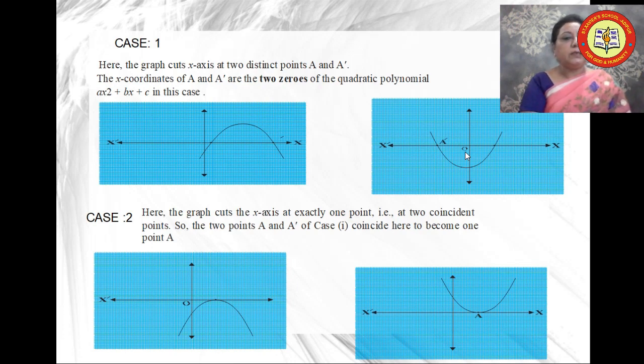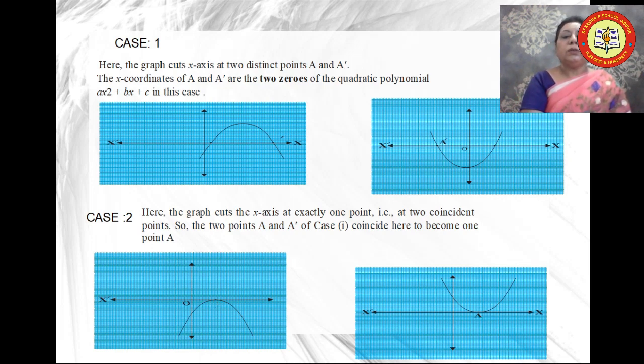From the graph itself, you can find out whether the equation has two zeros, one zero, or no zero. Case 2, you can see the parabola intersects the x-axis in only one point. We have to take into consideration the intersection of the graph with the x-axis, not the y-axis.